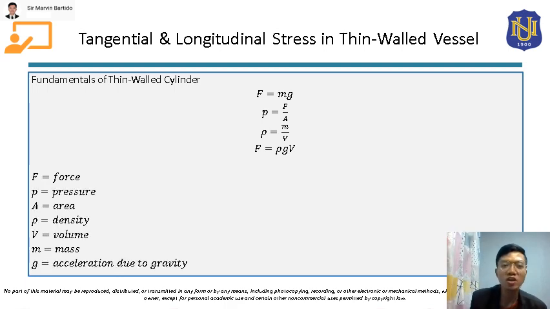Wherein F is force, small letter p is pressure, A is area, rho is the density, V is the volume, M is mass, and G is acceleration due to gravity. So we are going to use these formulas for this topic.